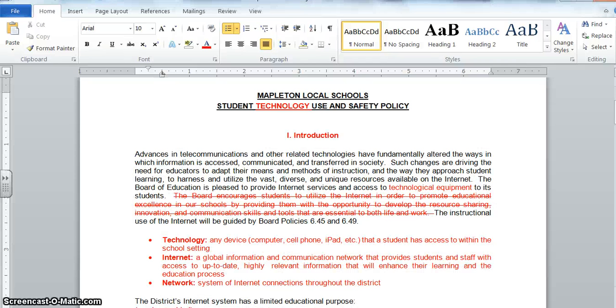The reason for that is because the signature page is what is used for the parents and students to sign, whereas this policy is printed in the student handbook. Personally, I think that the policy itself should be attached to the signature page, so I would consider taking the information from that signature page.